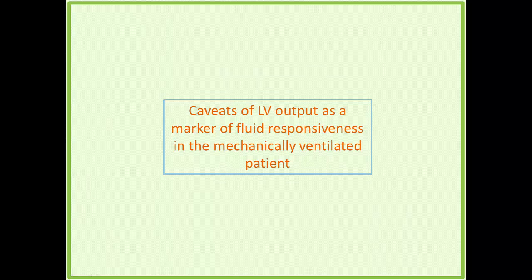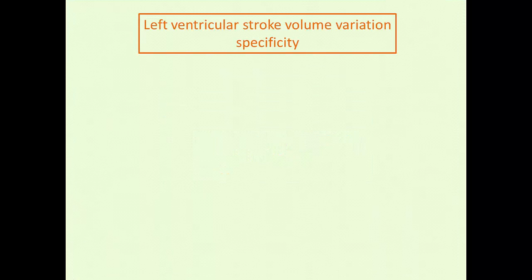All of these things may actually induce changes in left ventricular output that are unrelated to volume responsiveness, and that would further degrade the specificity or yield false positives of there being pulse pressure variation and systolic pressure variation, and the patient is actually truly not volume responsive. We're going to get into that over the next few slides.